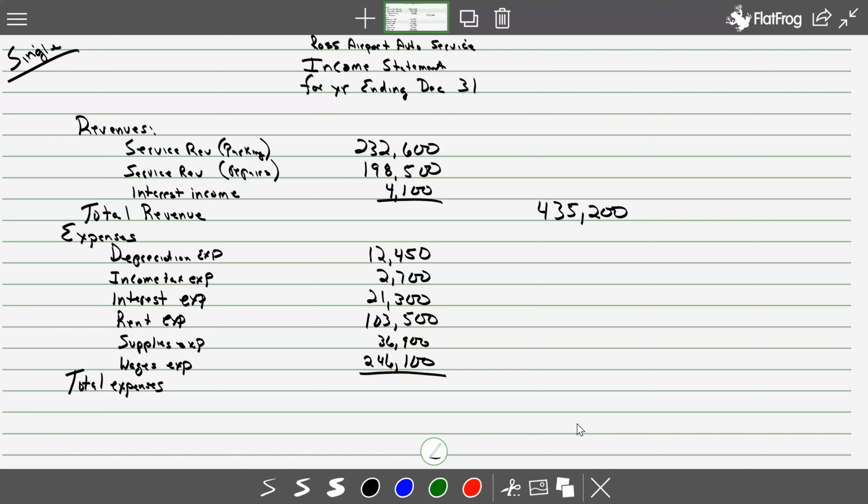We can add all those up together, and our total expenses come out to $423,000.